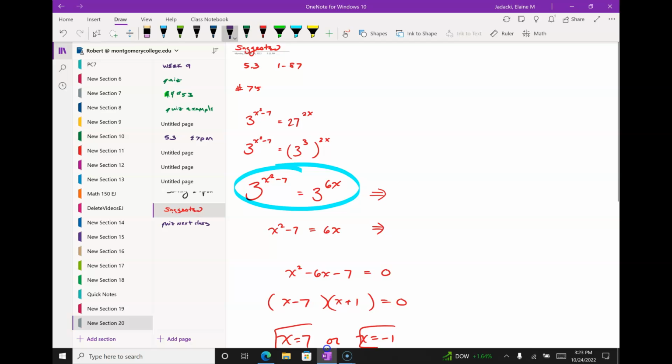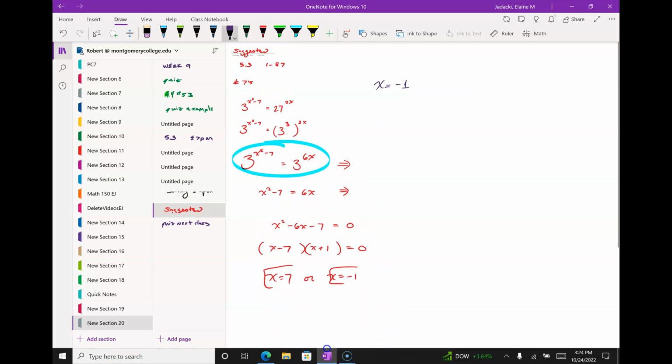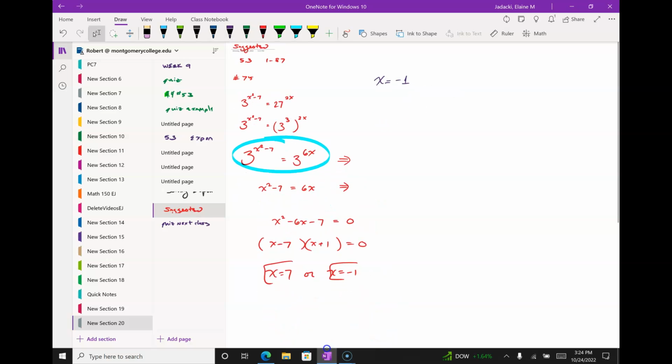So we're going to check these by hand. You can certainly check them on Desmos. Let's check x equals negative 1. Question? Yeah, 3 times 3 times 3 is 27. So I get 3 raised to the negative 1 squared minus 7 should equal 27 to the negative 2.